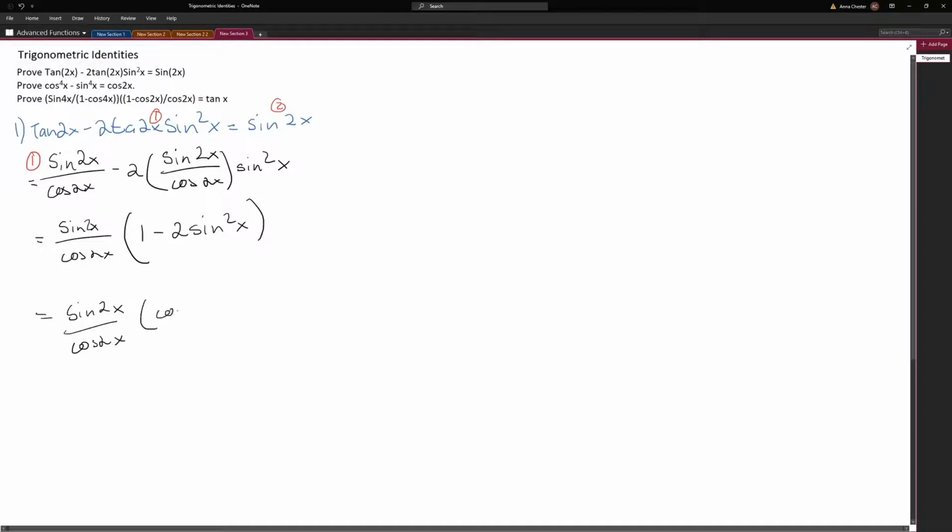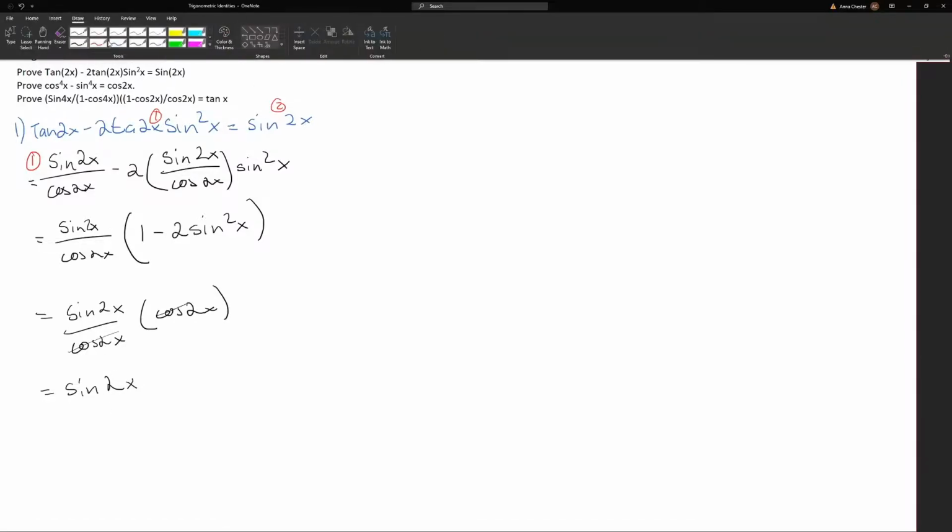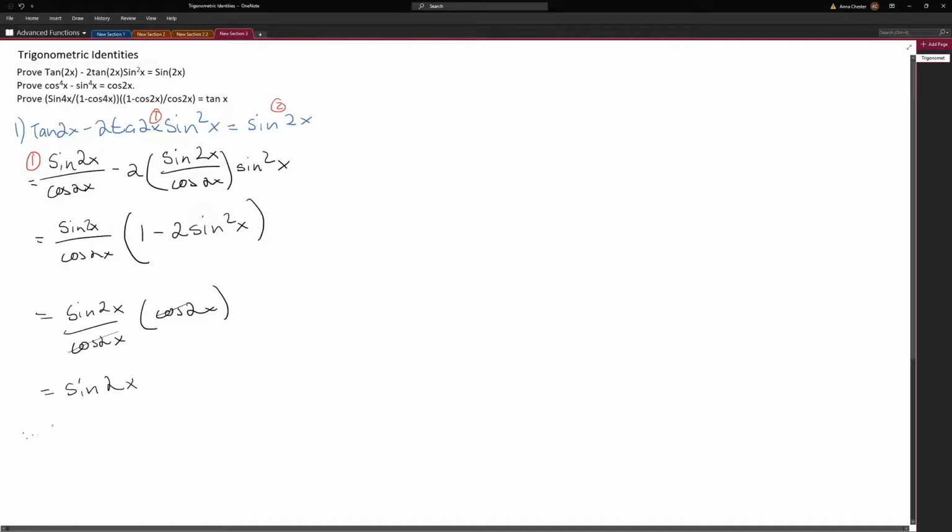So cos of 2x. Now we have the same denominator as our numerator, so we could cancel them out, and we're left with sine of 2x. As you could see, our first side is equal to our second side, so we could say 1 is equal to 2. We have proven our first example.